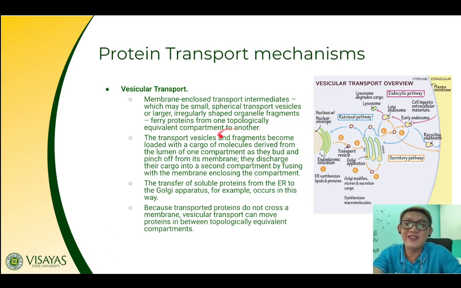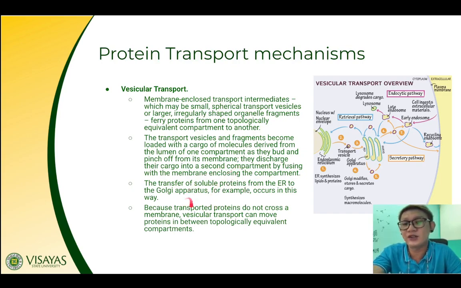So the transport vesicles and fragments become loaded with a cargo of molecules that is derived from the lumen of one compartment as they bud and pinch off from the membrane. So they discharge their cargo in the second compartment by fusing with the membrane enclosing the compartment. The transfer of soluble proteins from the ER to the Golgi apparatus, for example, occurs in this way.